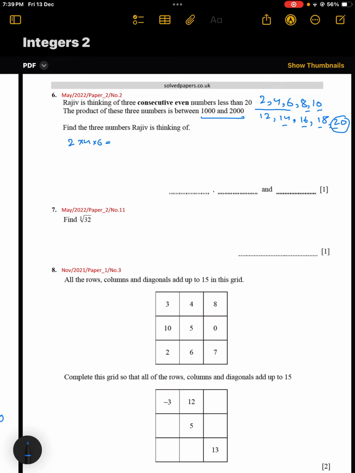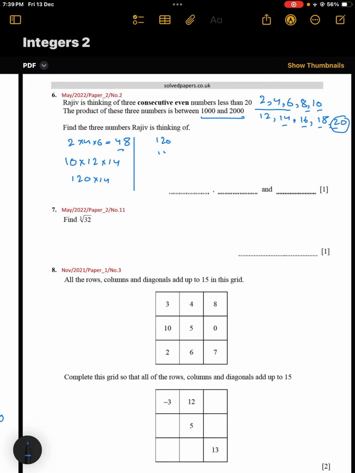This will be 2 times 4 is 8, 8 times 6 will be 48. No, this is not in between 1000 and 2000. This is too small a number, so it's better to move and start from 10. So 10 times 12, 12 times 14. So 10 times 12 will be 120 times 14. Let's do a rough work here.